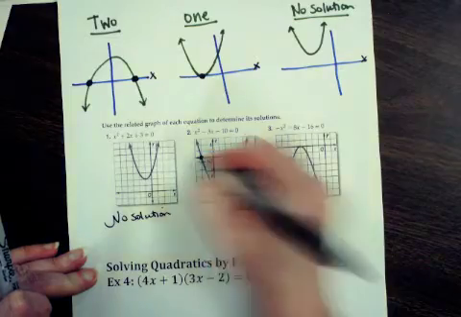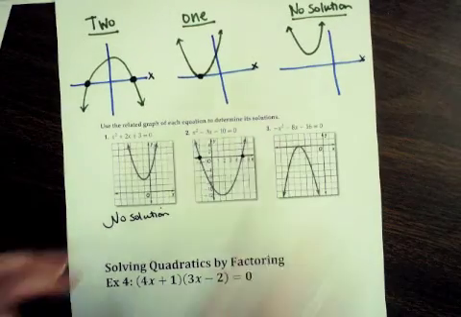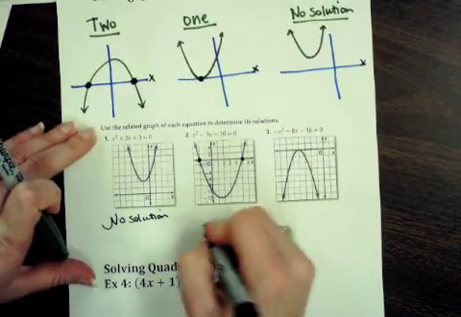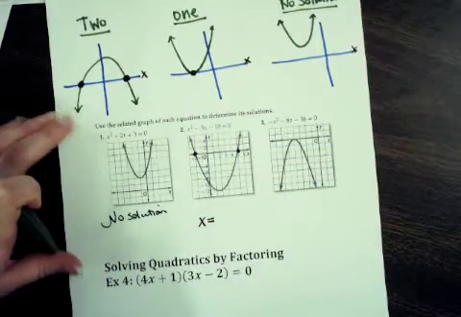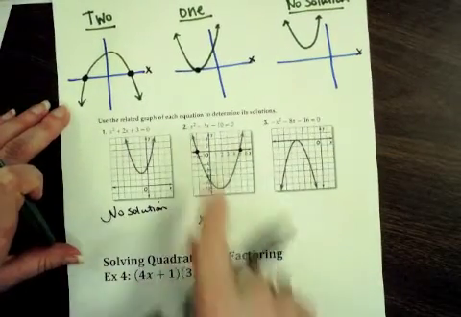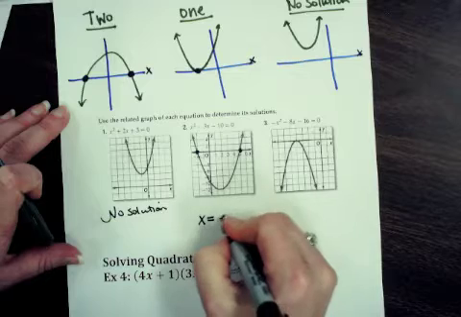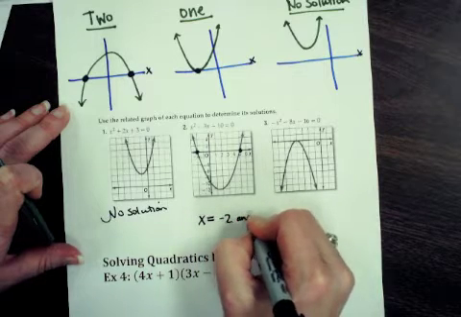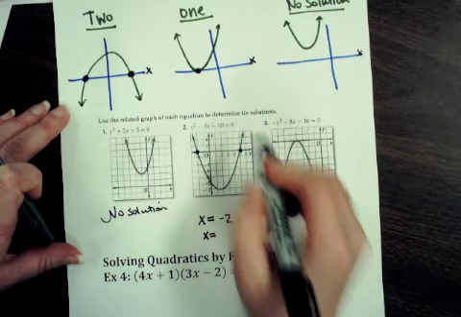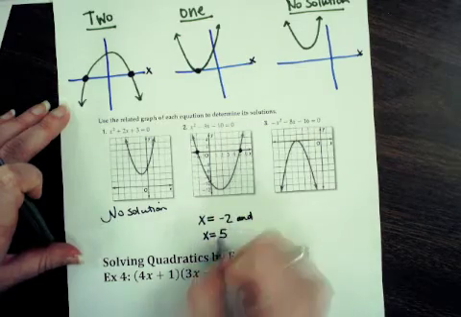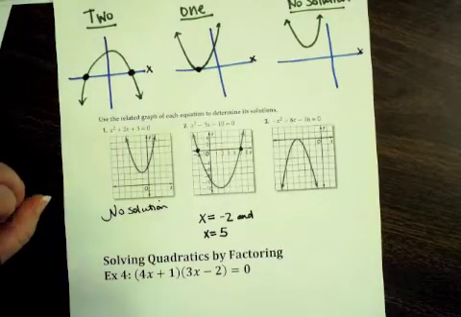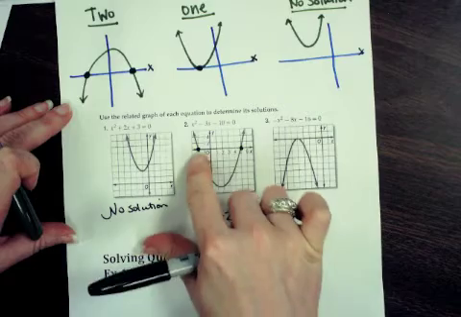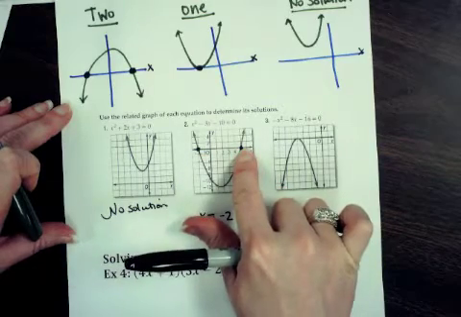They're located here and here. But I want to know what the value of x is. So x equals -2 and x equals 5. So just that simple. Tell me -2 and 5.